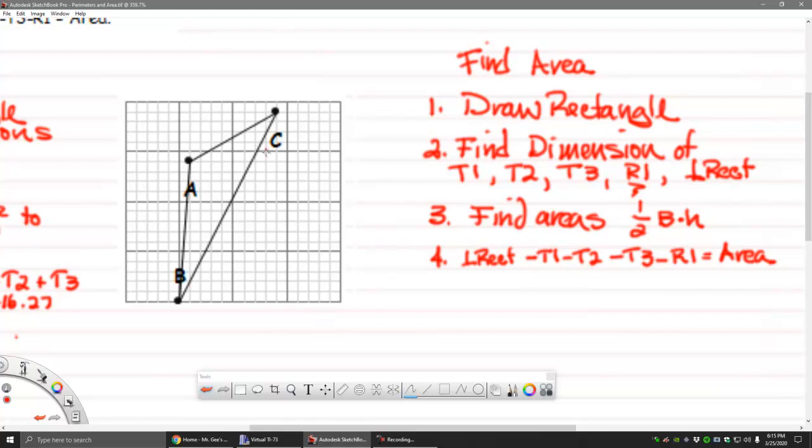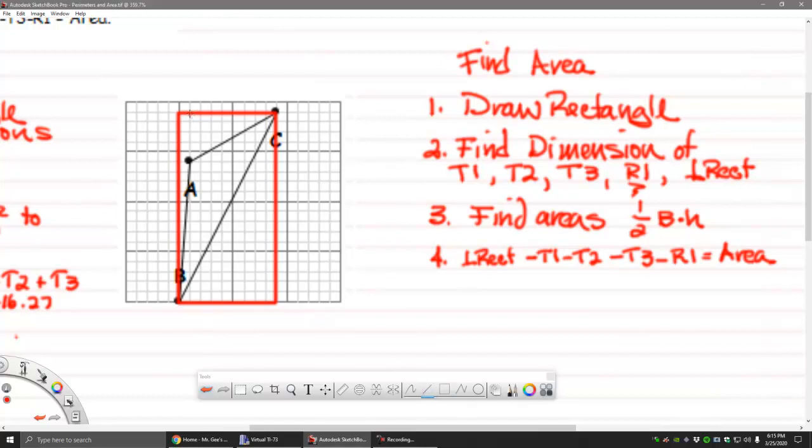Basically, I'm going to take this large rectangle, find its area, and all these smaller rectangles, T1, T2, and sometimes you're going to have a little piece right here that we're going to have to cut out of the big rectangle, and I'll explain that in just a second. So let's go ahead and draw this. There we go, and I'll show you what we're talking about.